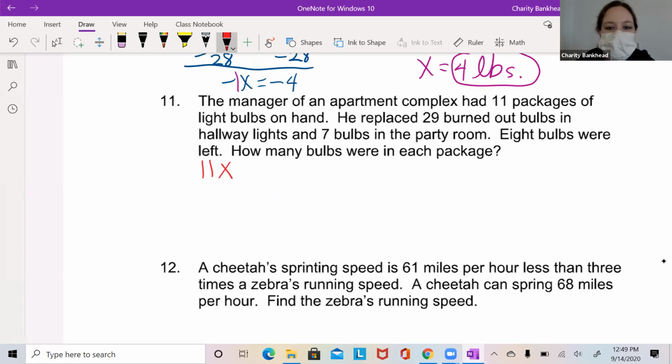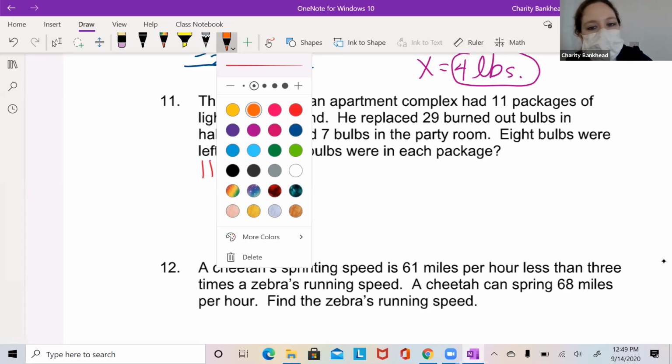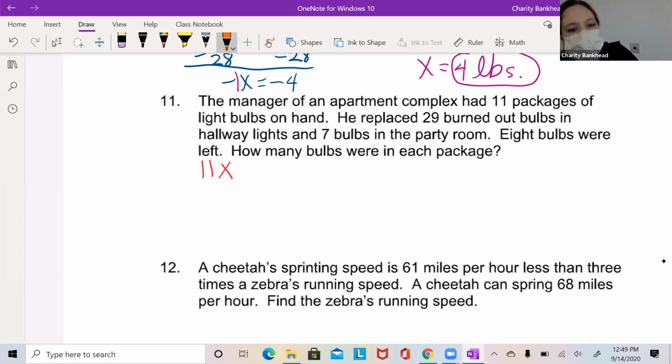So he started out with 11 times X. Then he replaced 29 bulbs, so he took out 29. And then he did 7, so he took out another 7. And then after all that, he ended up with 8 at the end.